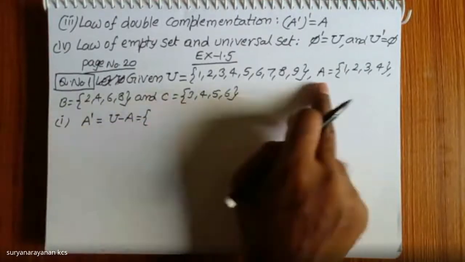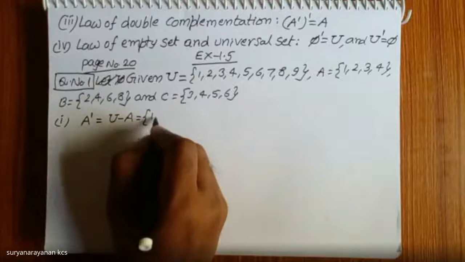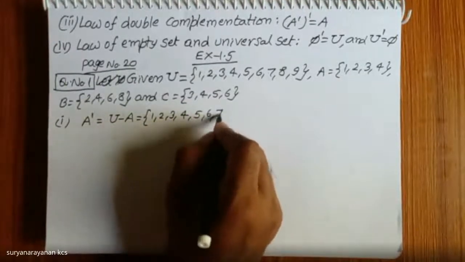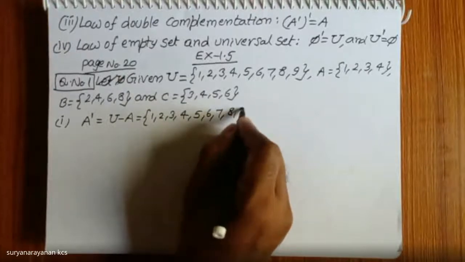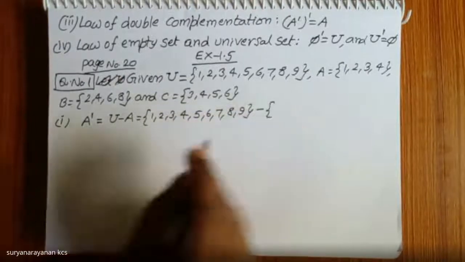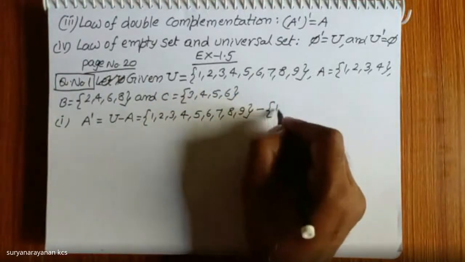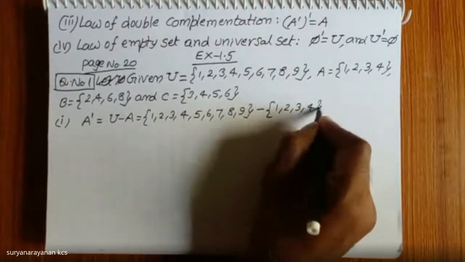So universal set. Let us write the universal set: set 1, 2, 3, 4, 5, 6, 7, 8, 9 minus set A. What are the elements in the set A? 1, 2, 3, 4.